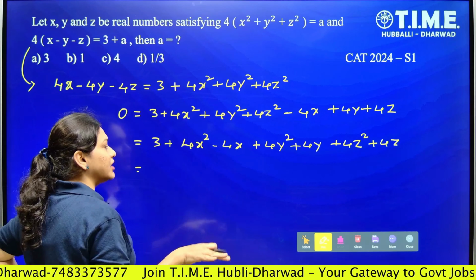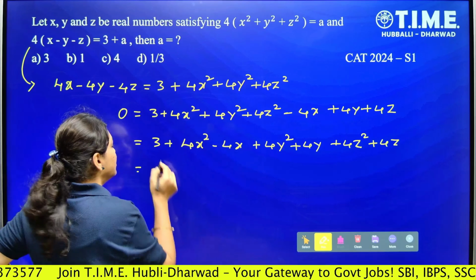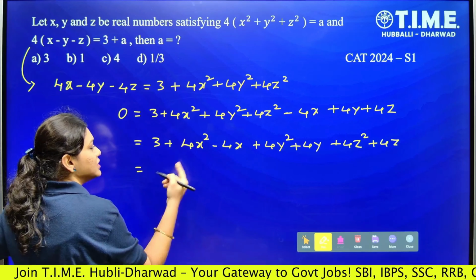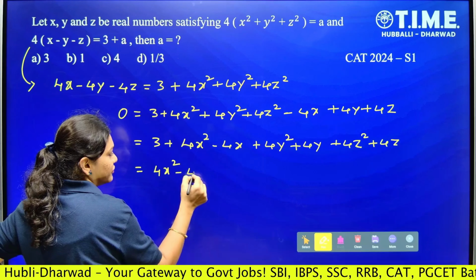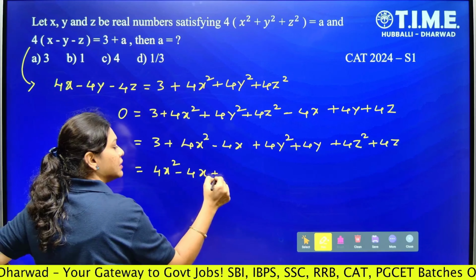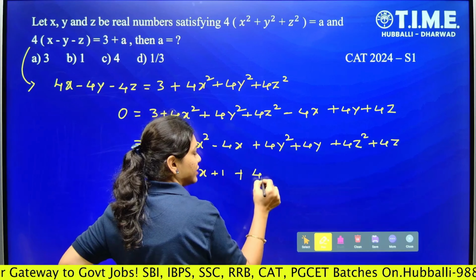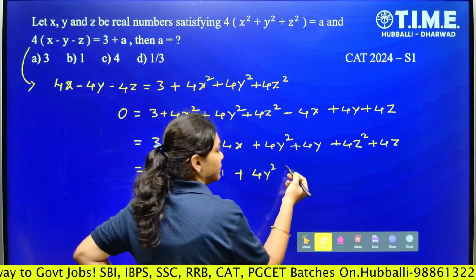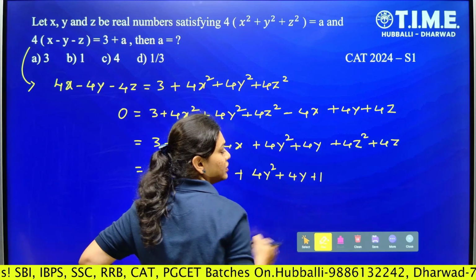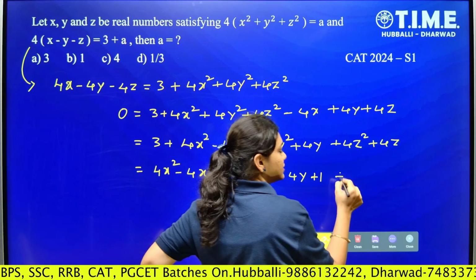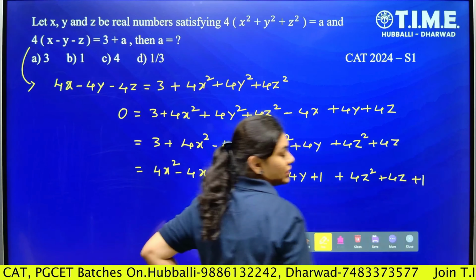Instead of doing that way, the easiest way is, we'll keep these terms as they are. So I'll take this 3 as 1 plus 1 plus 1. So this term, which is 4x square minus 4x, I'll keep 1 here, that is plus 1, plus, let's take the y terms, 4y square plus 4y, and one more 1 is here, plus 4z square plus 4z, and another 1 is whatever is left.